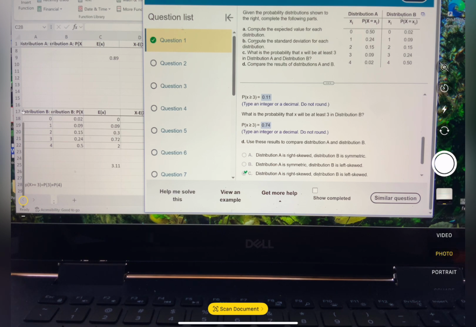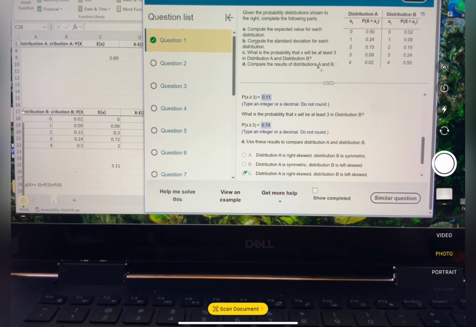But for the case of B, look at that average. The expected value is 3.11, and here we have small ones. So if the average is to the right of these numbers, that means the distribution is left skewed.